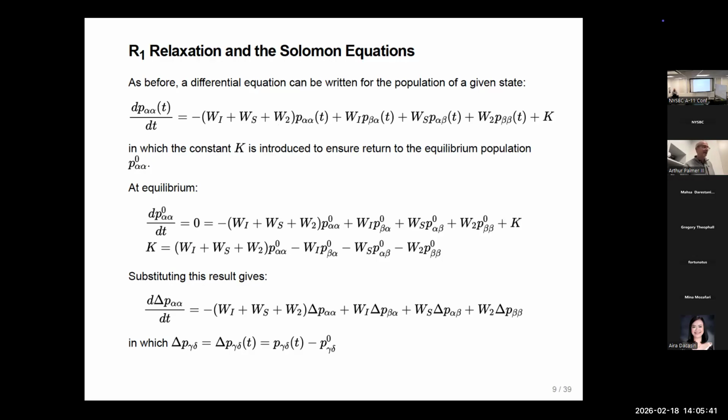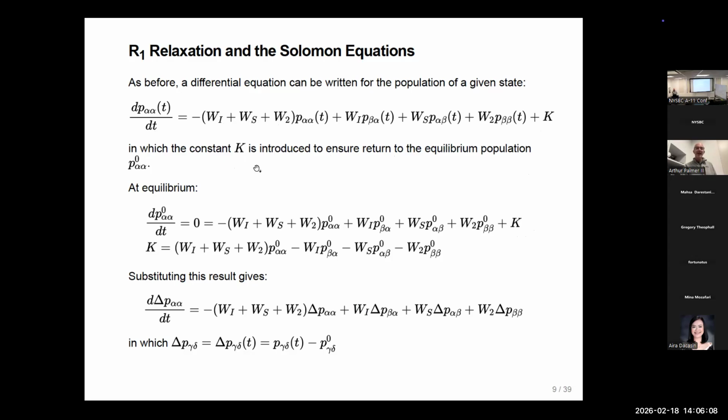Now, I could go back and do what I just did to figure out that we go to equilibrium. But having already done that, I'm just going to say there must be some constant here, K, that assures me that I go to Boltzmann equilibrium. And then at Boltzmann equilibrium, the differential will be 0.